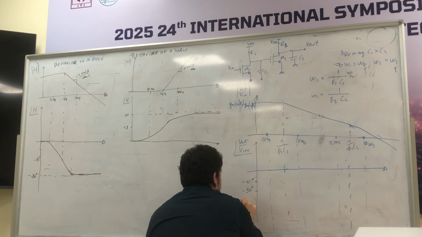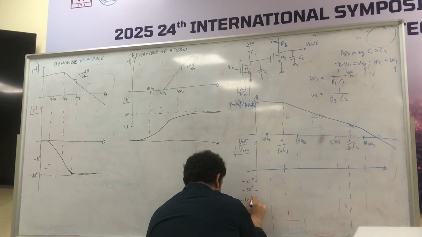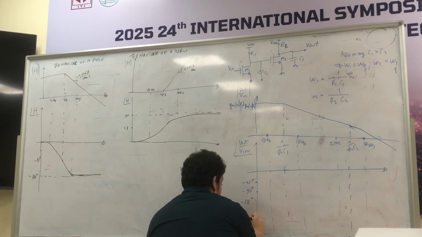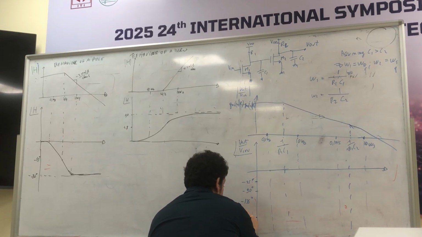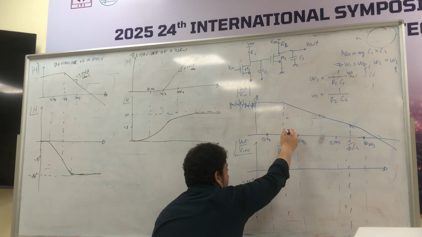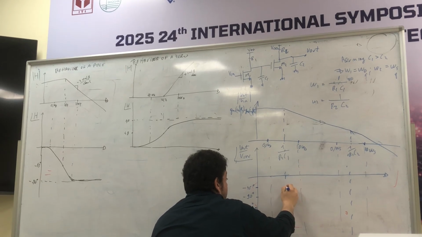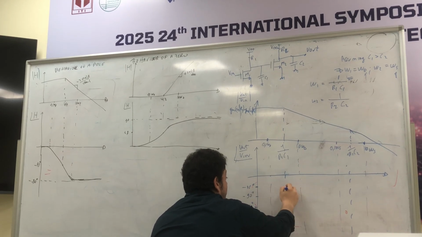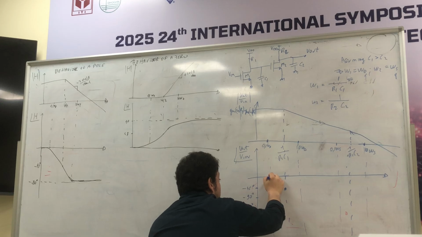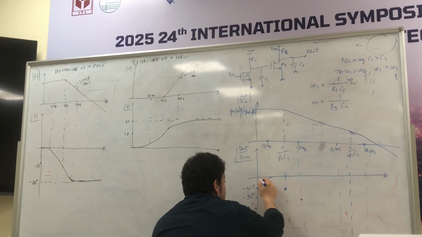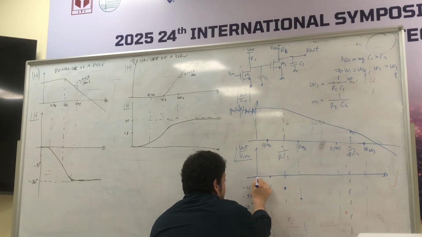Here, minus 135. Here, 180. At the first dominant pole, I have a minus 35, minus 45. At the earlier, I'm 0. At the after, I have a minus 90. So here I can draw this as a phase.